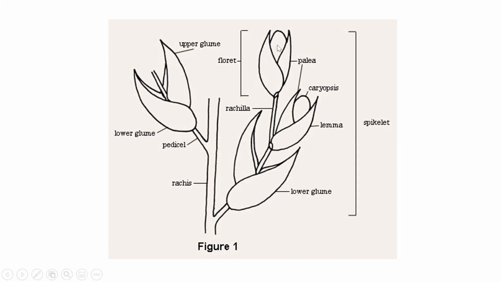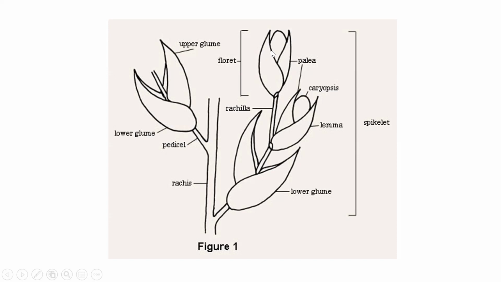And so that's your kind of individual flower unit if you're thinking about plants. So these don't have the anthers and the styles drawn onto them, but that would be inside there. The caryopsis is just the seed, fancy word for the seed.